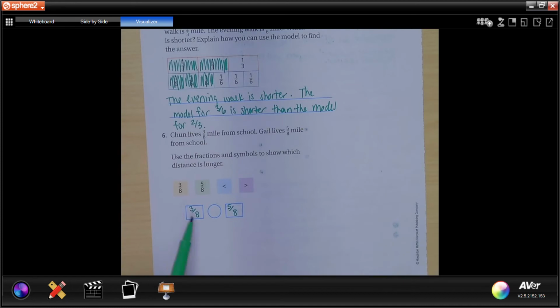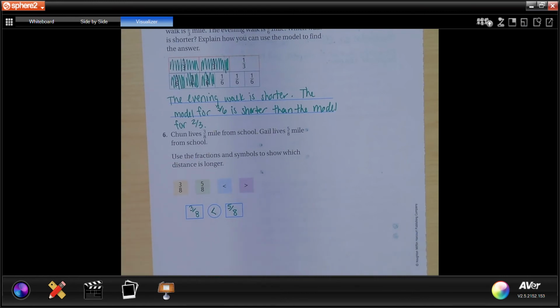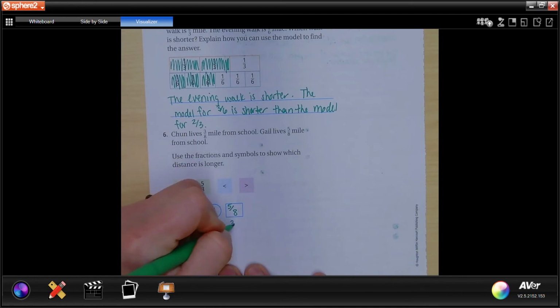Is 3 less than or more than 5? 3 is less than 5. So 3/8 is less than 5/8. You could also write 5/8 first and 3/8 over here, and say 5/8 is more than 3/8, because 5 is more than 3.